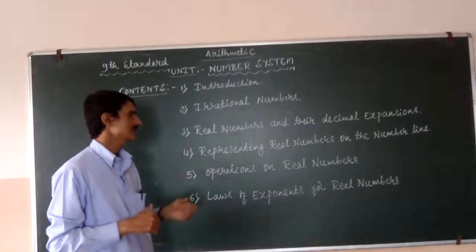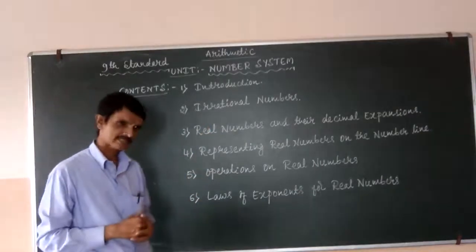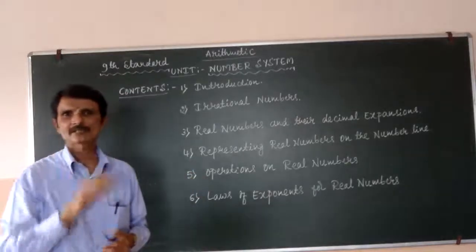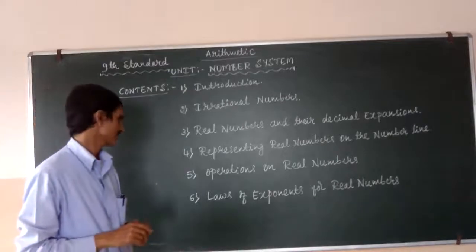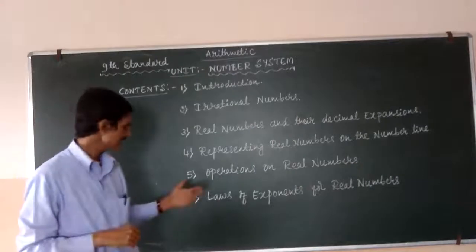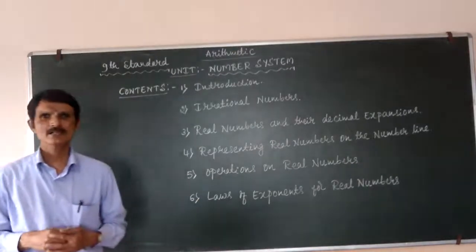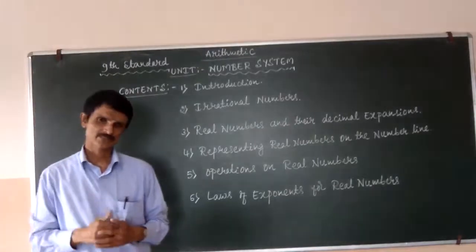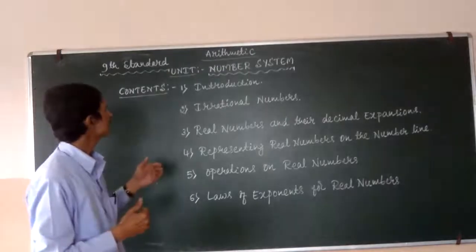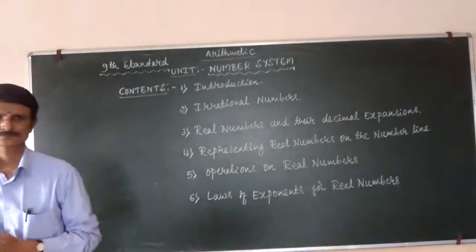Fourth, representing the real numbers on the number line. Fifth, fundamental operations on the real numbers. And lastly, we are going to study the laws of exponents, that means laws of indices, on the real numbers. Now students, we will see the different types of sets of numbers.